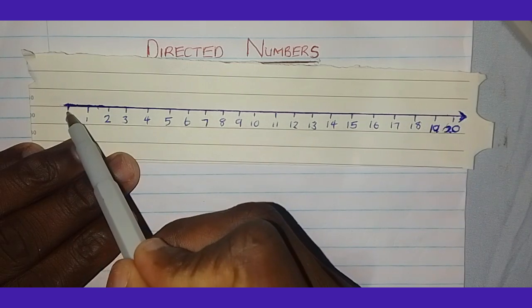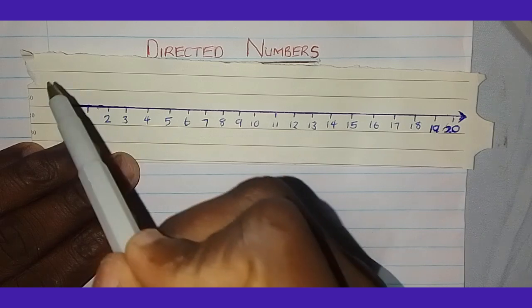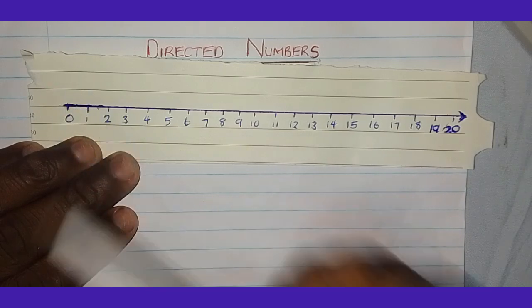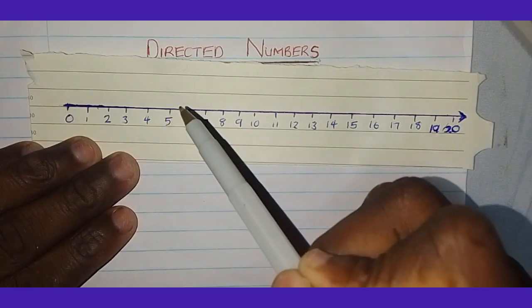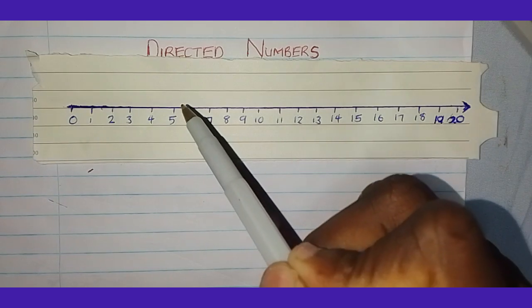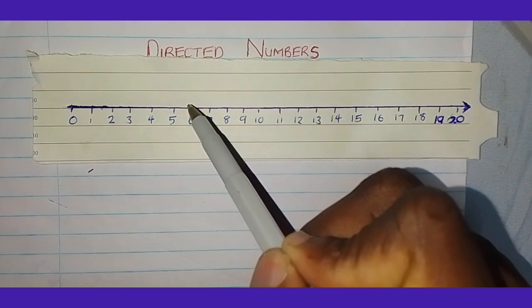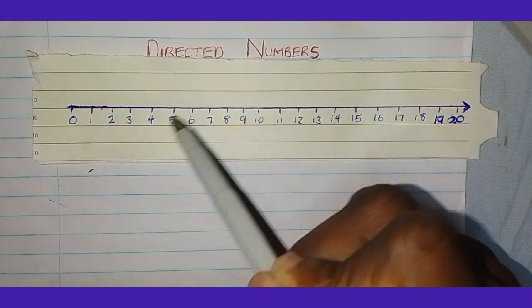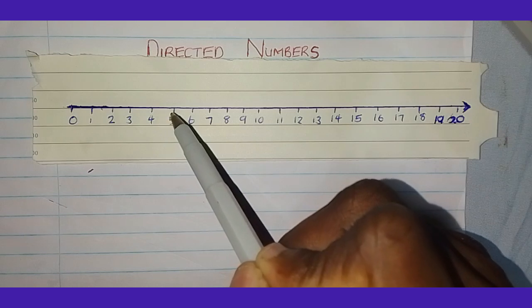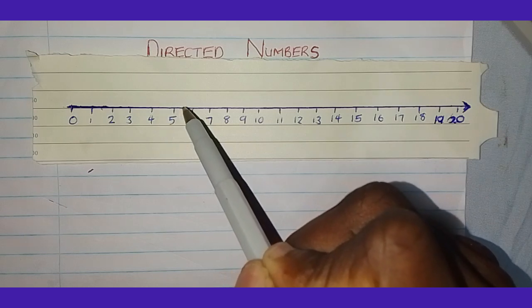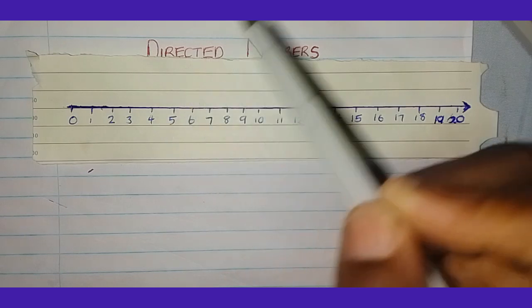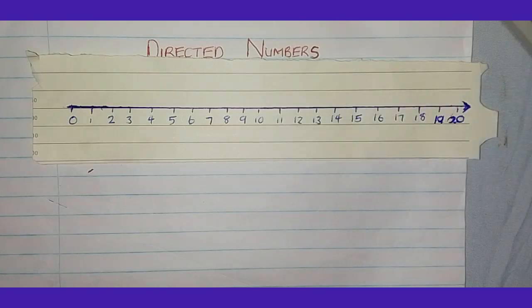Remember, 0 is not a natural number, but it is included in the number line. So today our task is to use this number line to add and to subtract numbers.